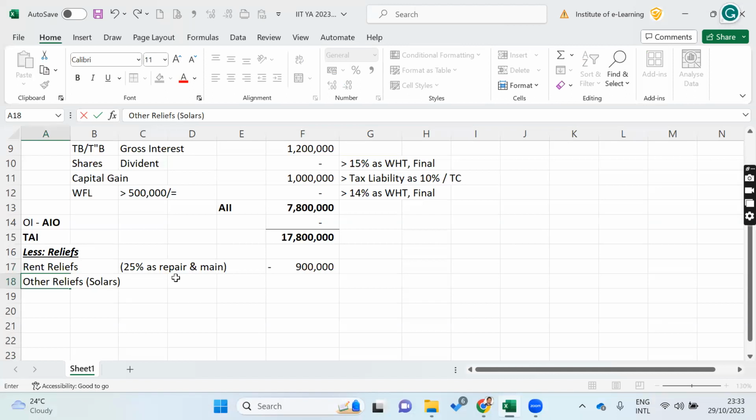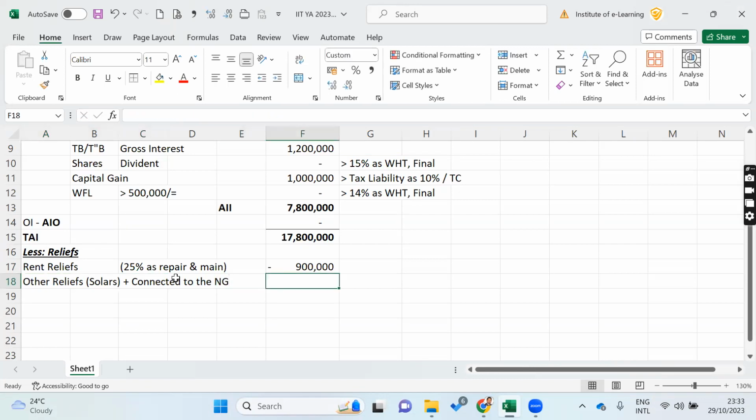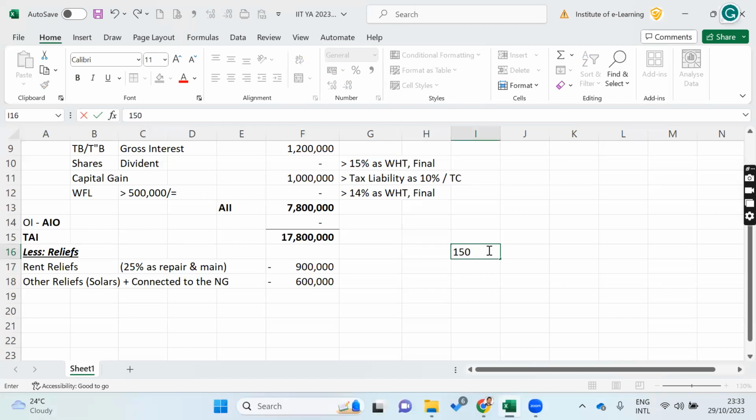Then there's another condition. It should be connected to the national grid, right? If it is so, you can take 600,000 only. Let's say you have installed solar for 1.5 million.